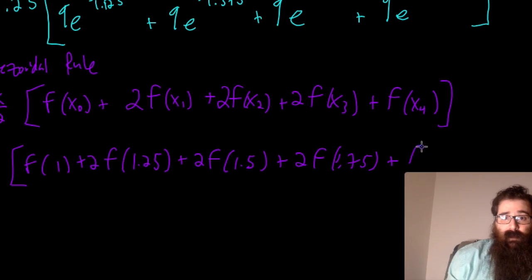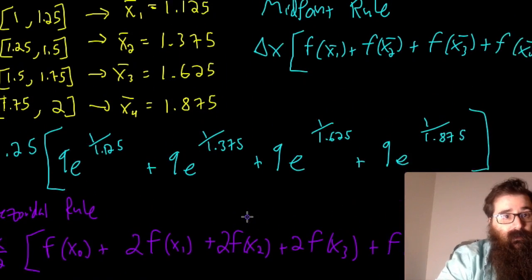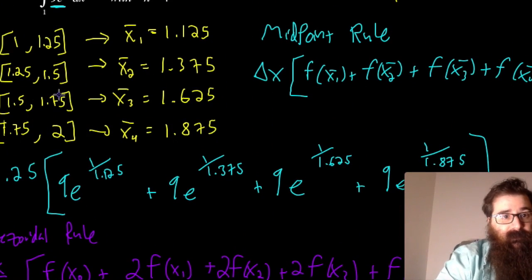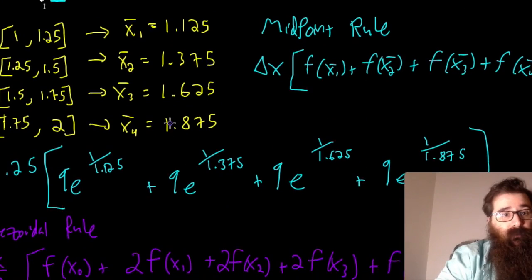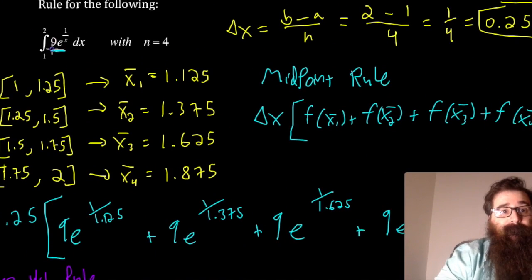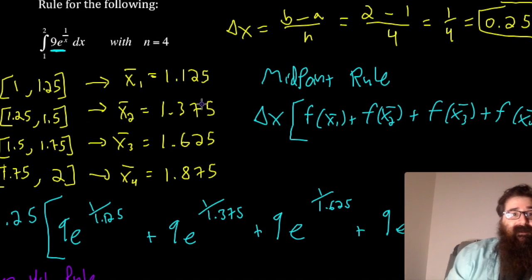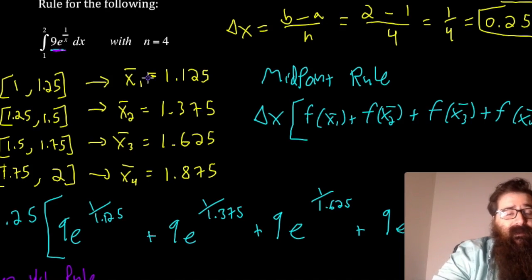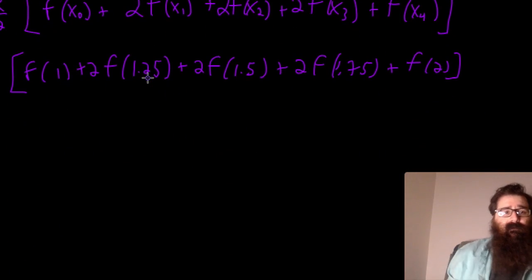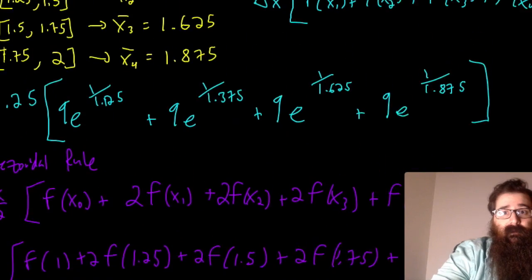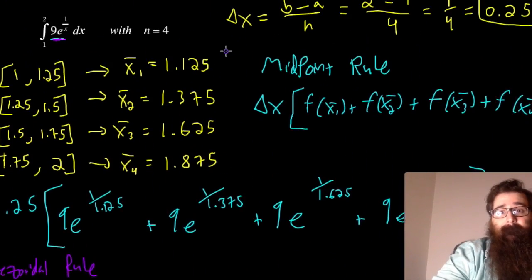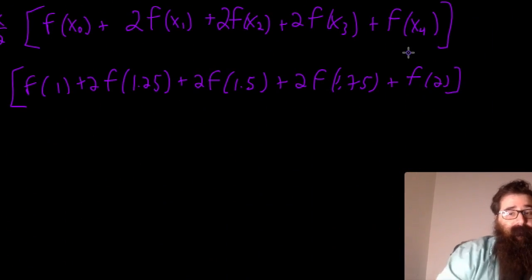And lastly, I would want just f at 2. The very first and the very last don't get that coefficient of 2. Any of these values that we see appear twice over get the coefficient of 2 after we plug them into the function. Don't forget our function is 9e to the 1 over x, so that should be what we're plugging into. And don't forget delta x is 0.25.